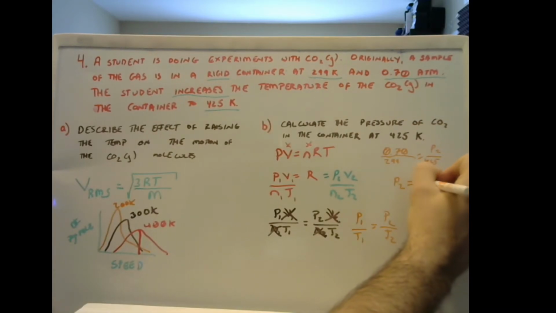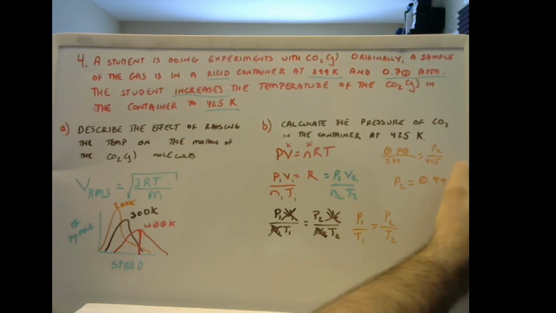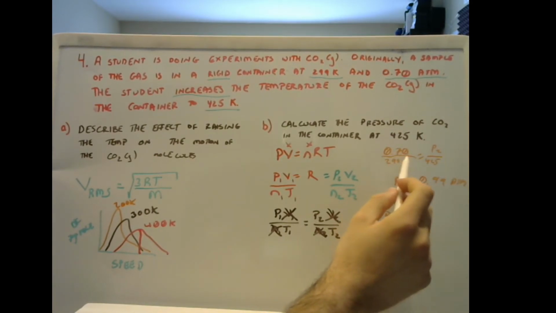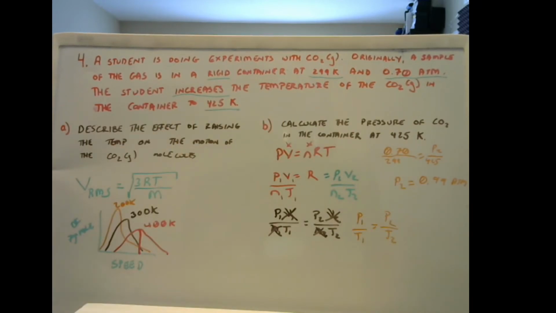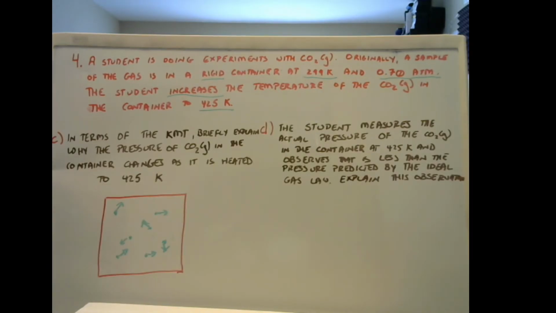P2 equals 0.99 ATM. Once again, we're multiplying and dividing, so the two sig figs of the 0.7 are what we're looking for. And there we go. A and B. Okay, C and D.